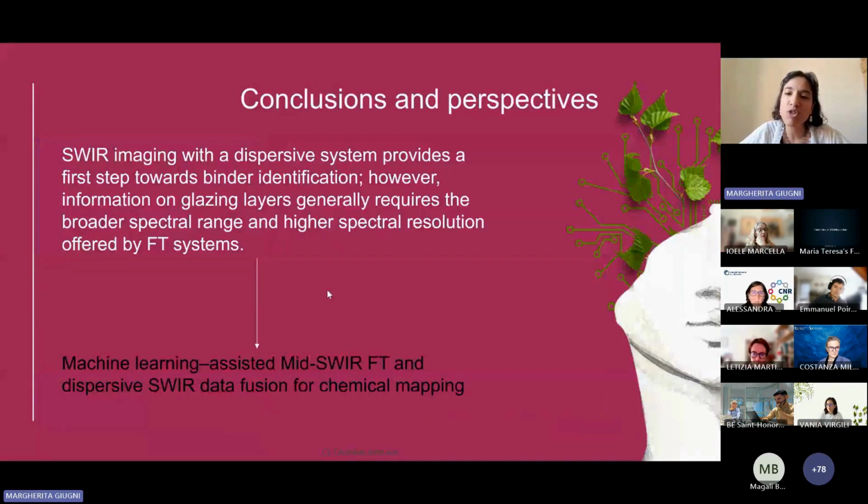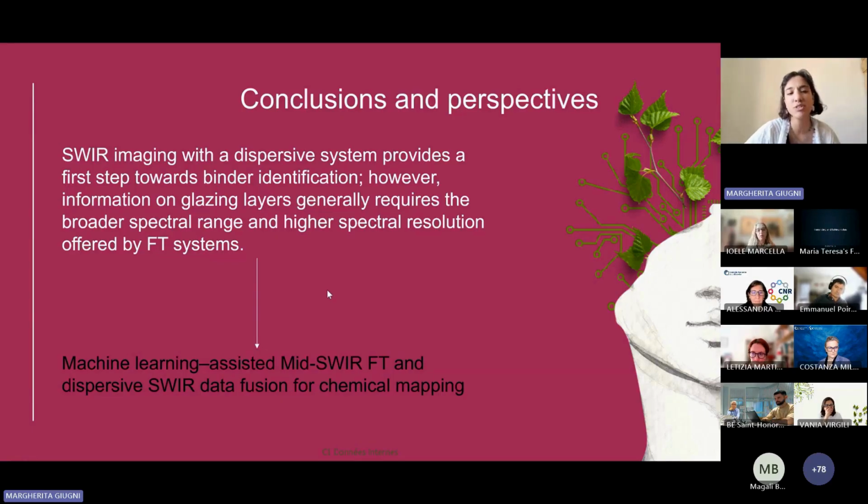So to conclude, what we understood from this work was that non-invasive hyperspectral imaging in the SWIR is not sufficient to describe binders and glazing on a stratigraphy, and it's much more powerful to aid the interpretation by broadening the spectral range, employing, of course, a mapping approach.